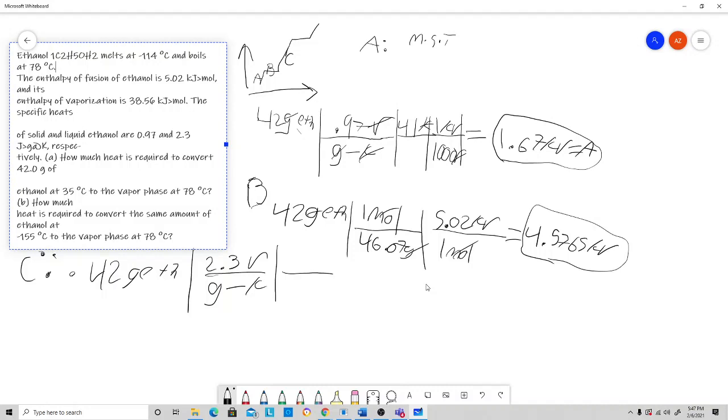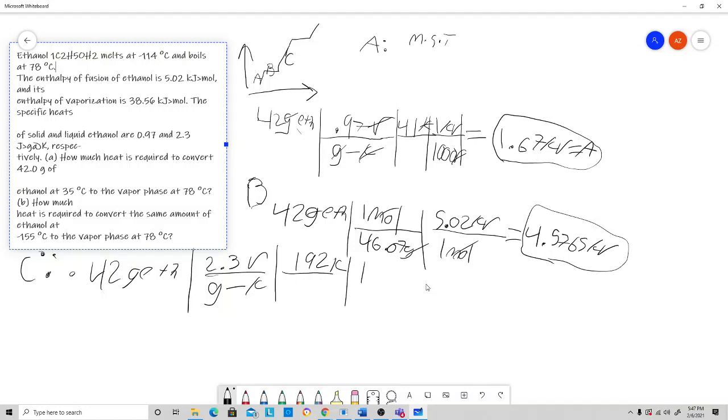Okay, so now we need the temperature difference. It says that ethanol boils at 78. So we'll just take the difference of that, and that's going to be 192 Kelvin. And now we just need to translate that into kilojoules.